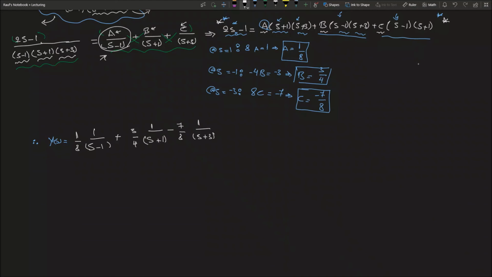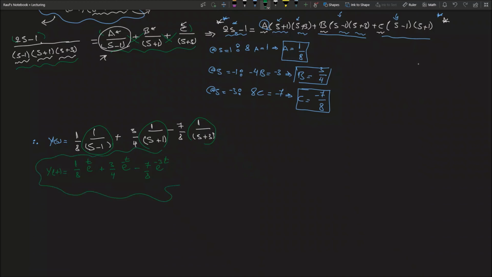Now going back to the Laplace transformation table, you can find that each of these terms can be represented. 1 over 8 stays as it is, and 1 over s minus 1, based on the Laplace transformation, becomes e to the power of t, plus 3 over 4 multiplied by e to the power of minus t, minus 7 over 8 multiplied by e to the power of minus 3t, and this is our final solution, called y of t.